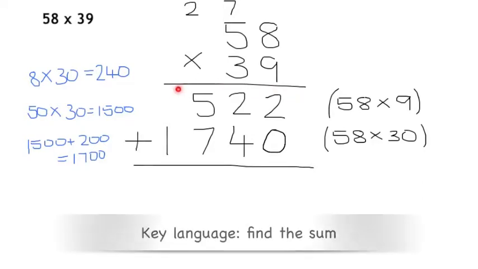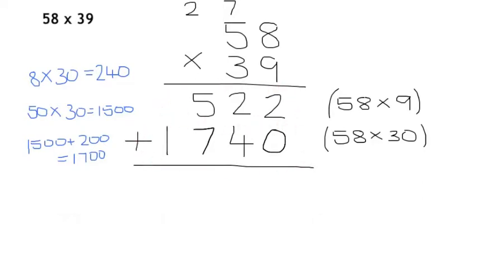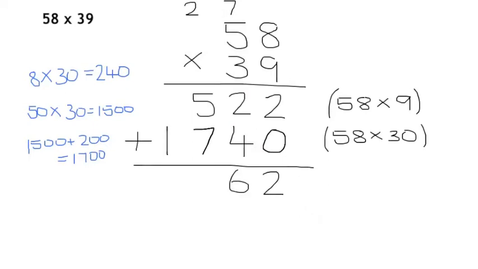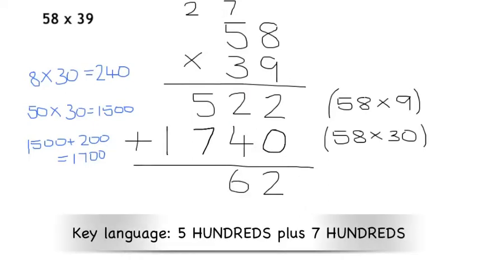Now I find the sum of 522 and 1740. I start with the units. 2 plus 0 is 2. 2 tens plus 4 tens is 6 tens. 500 plus 700 is 12 hundreds.